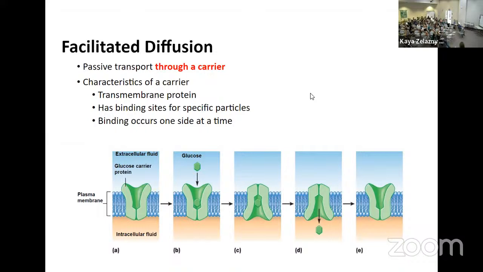But glucose isn't able to cross right through phospholipids. It's not small and nonpolar, it's a little bigger, and it's got some OH groups hanging off of it, right? So it can still passively diffuse across, it just has to get the assistance of this protein. So this still wouldn't require energy, and it's still in that favorable direction, moving towards equilibrium.